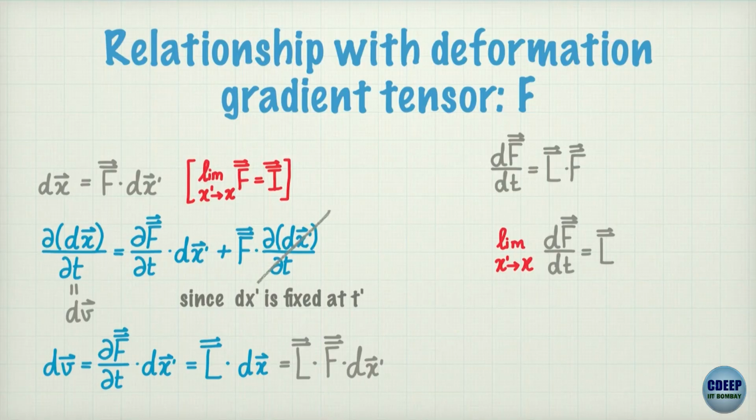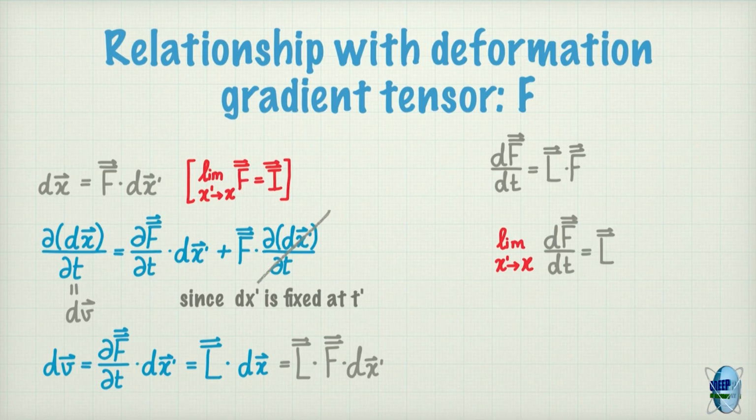So, you have dF/dt dot dx' plus F dot the derivative of dx'/dt. Now, dx' is like an initial condition here. It was what we started with, it was a fixed thing, it is not a function of the current time. So, that derivative is basically 0, right. So, you are just left with one term, that dv, which was a change in velocity, is the time derivative of F dotted with dx'.